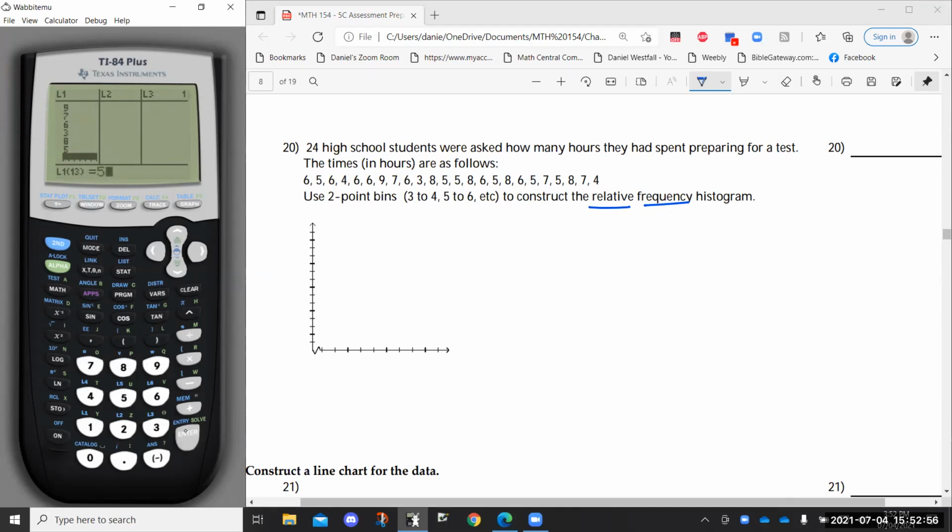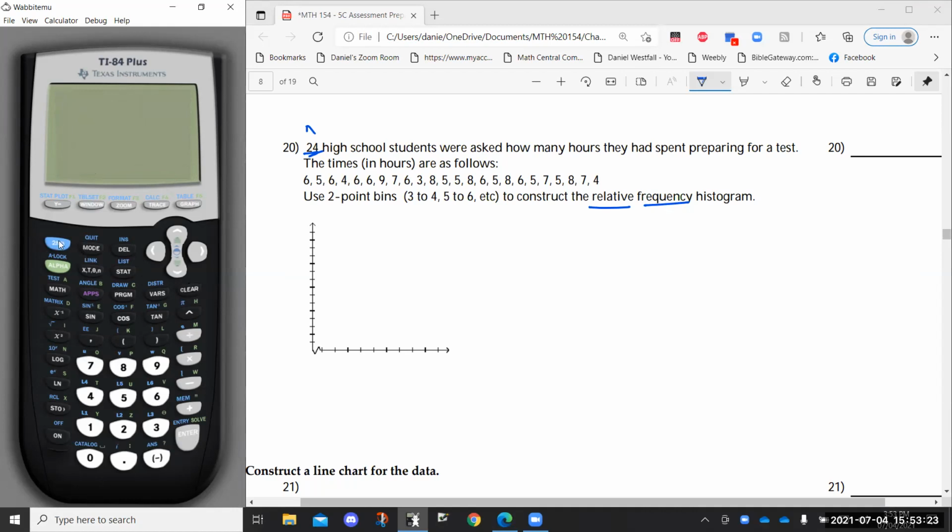8, 5, 5, 8, 6, 5, 8, 6, 7, 5, 8, 7, 4. I have 24 pieces of data that matches what I was told N is up here. This is my N. So I have 24 pieces of data. I'm going to let the calculator sort them, just like we did last time.